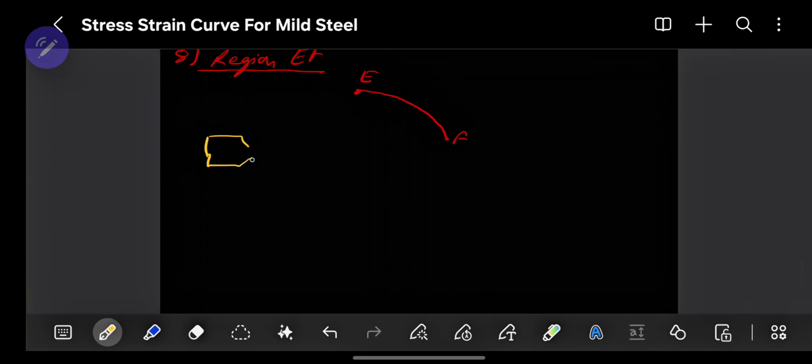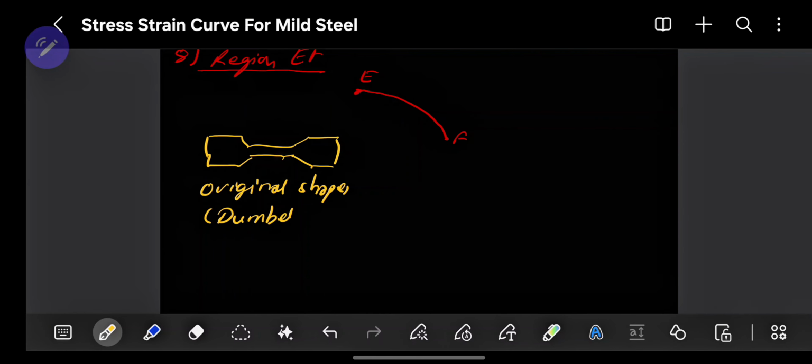So this is the original shape of the material, that is dumbbell shape.